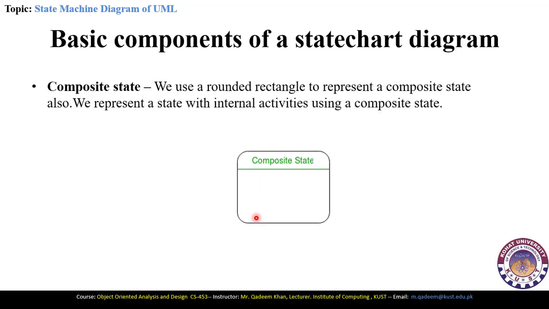Another important component of the state chart is called the composite state. Here we use a round rectangle to represent a composite state. It represents a state with internal activity. It means that if there are multiple states inside this composite state, all these substates are represented through the composite state.